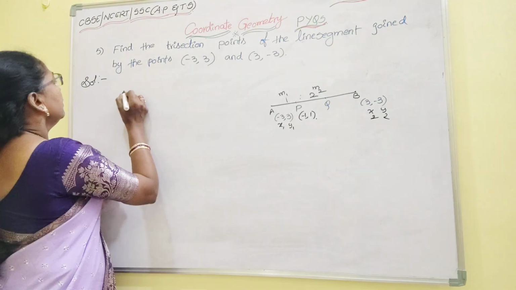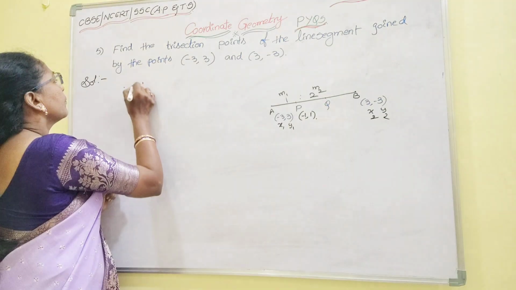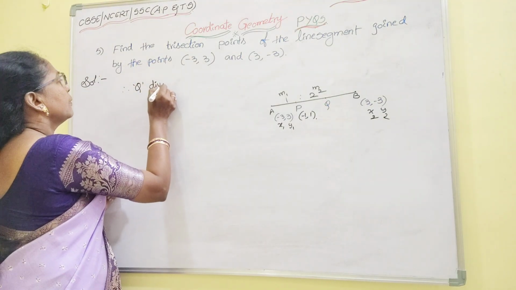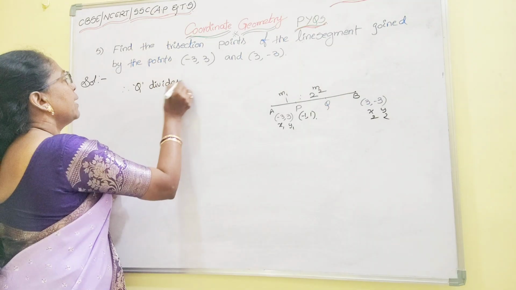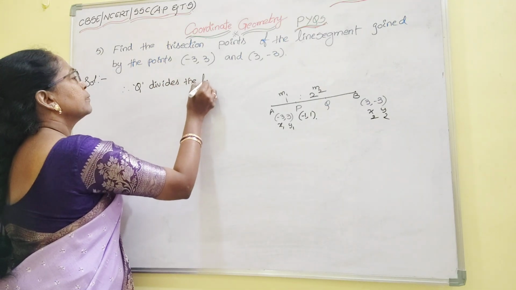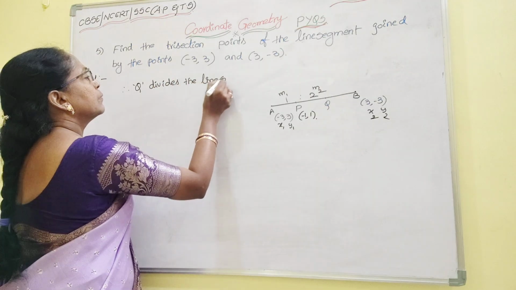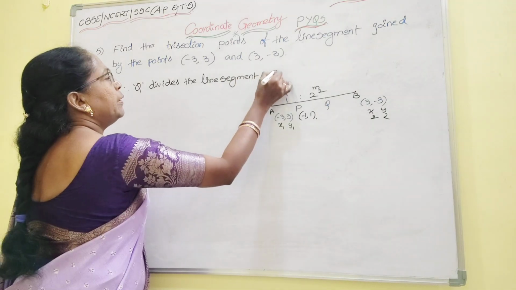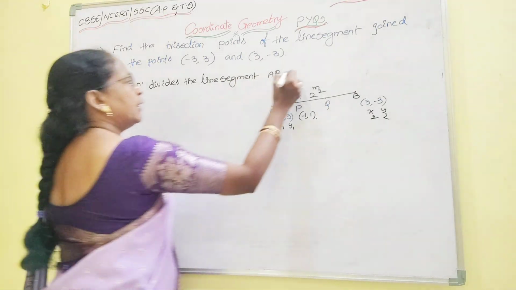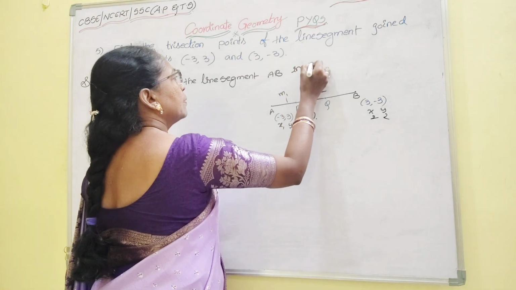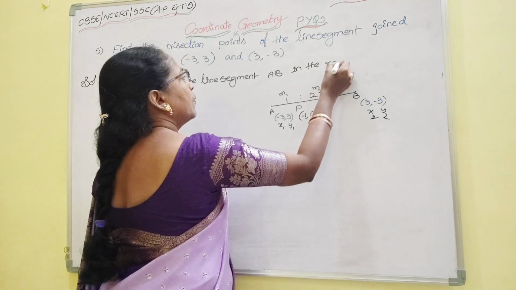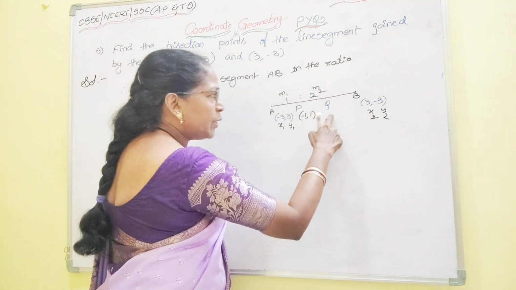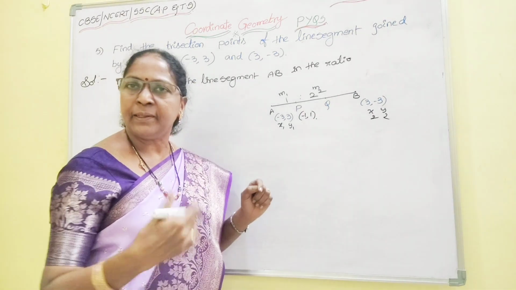Now, therefore Q divides the line segment AB in which ratio?